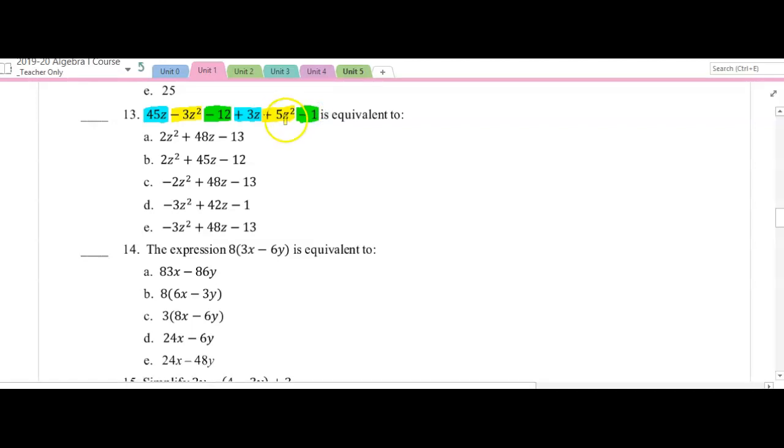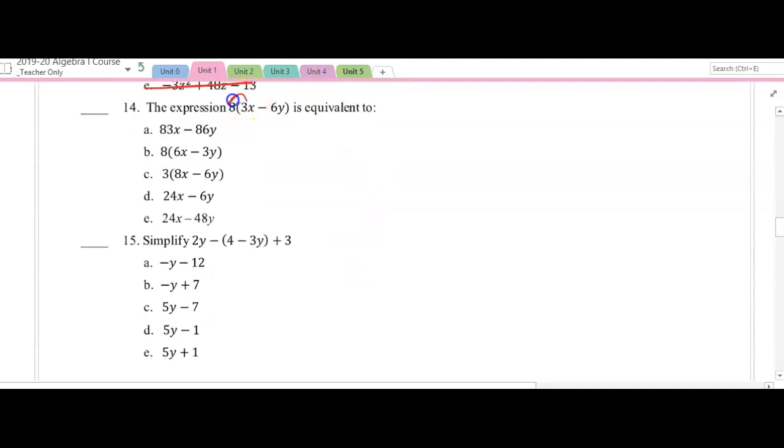When I combine the yellow terms, negative 3 plus 5, I get 2z squared. So I know it can't be any of these, because I need 2z squared. When I combine 45 and 3, I get 48. And finally, negative 12 and negative 1 gives me negative 13. So my answer is A.